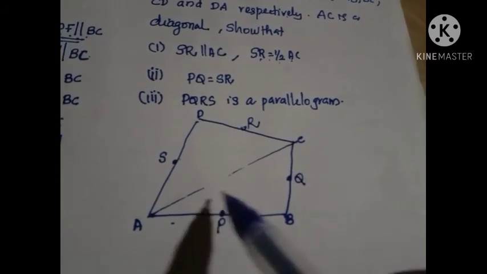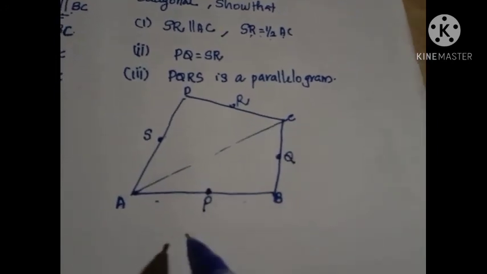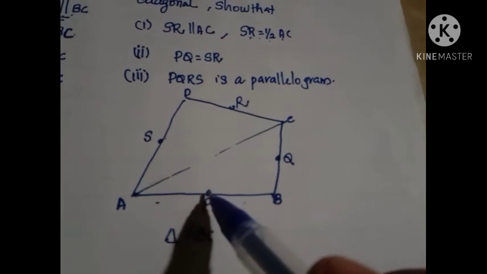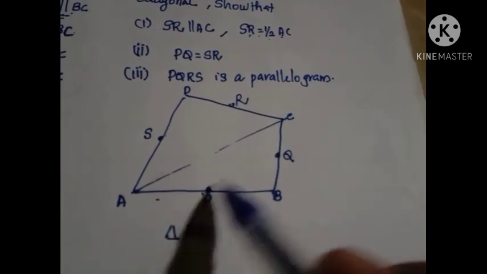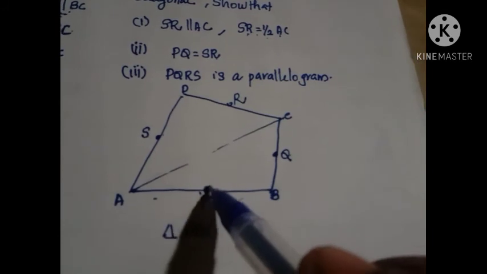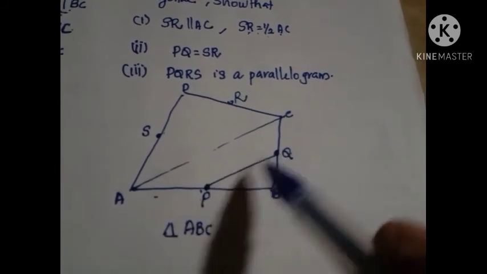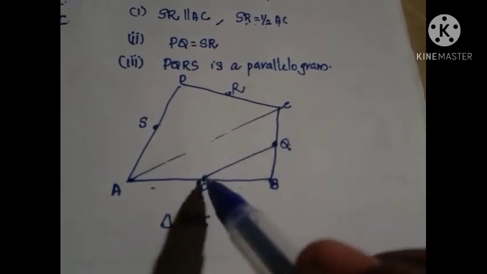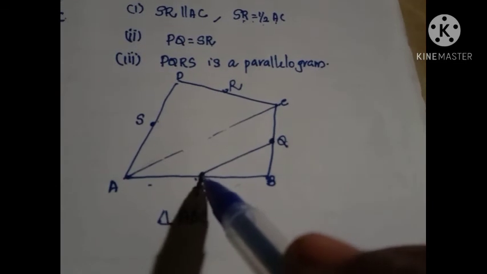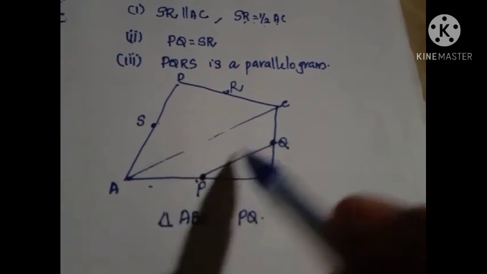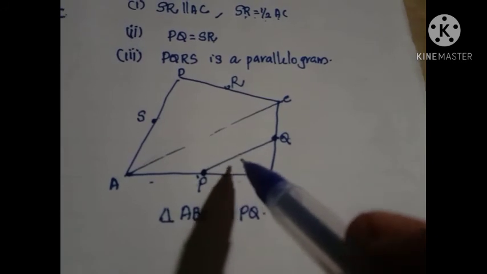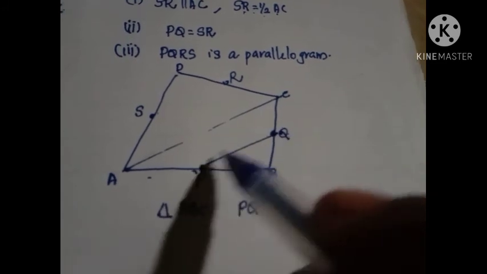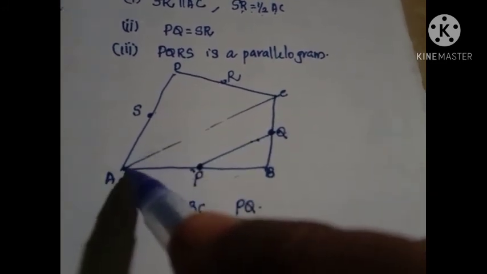So, listen. Consider this triangle ABC. In this triangle, P and Q are midpoints of these two sides. So, join these two midpoints, and we get a line segment PQ. So PQ is the line segment joining the midpoints of two sides, and we can apply the midpoint theorem. By the midpoint theorem, the line segment joining these two midpoints is parallel to the third side.